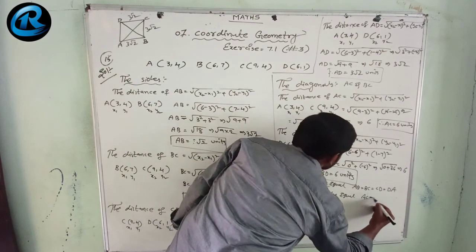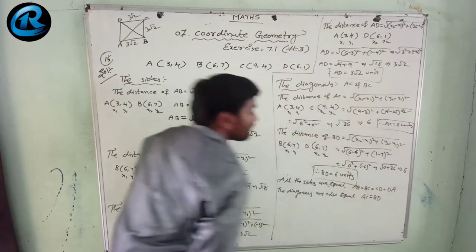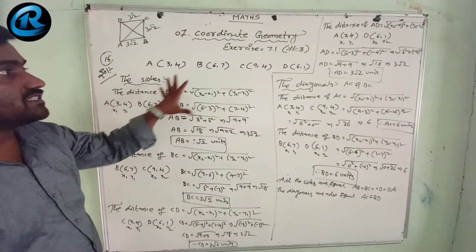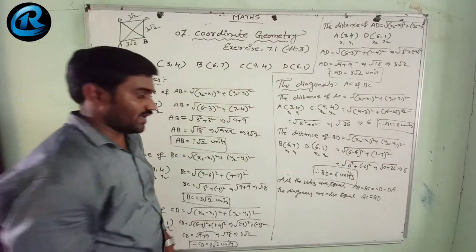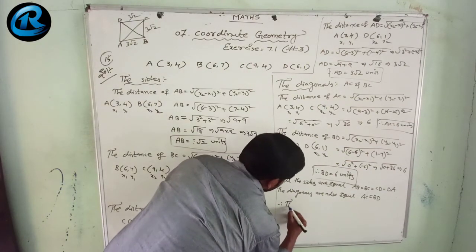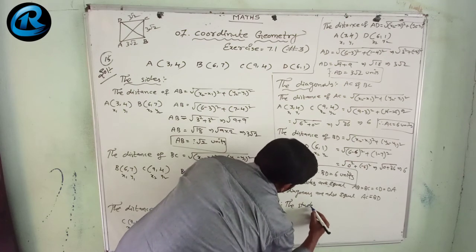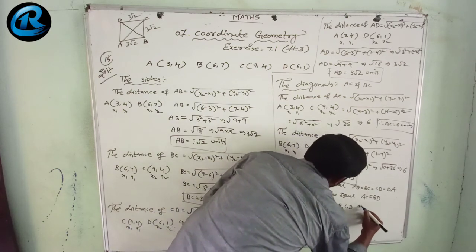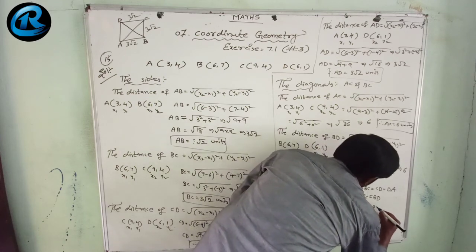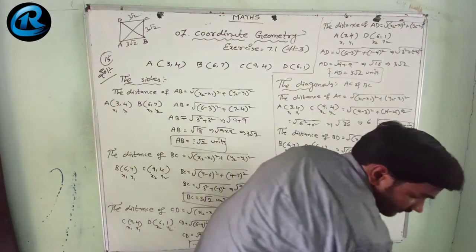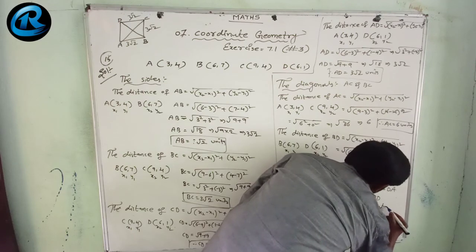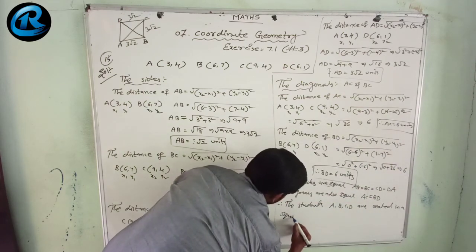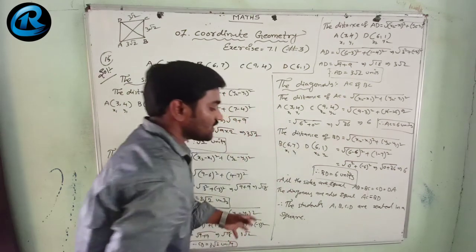AC equal to BD. So the students A, B, C, D are seated in a square. They sit in a square shape.